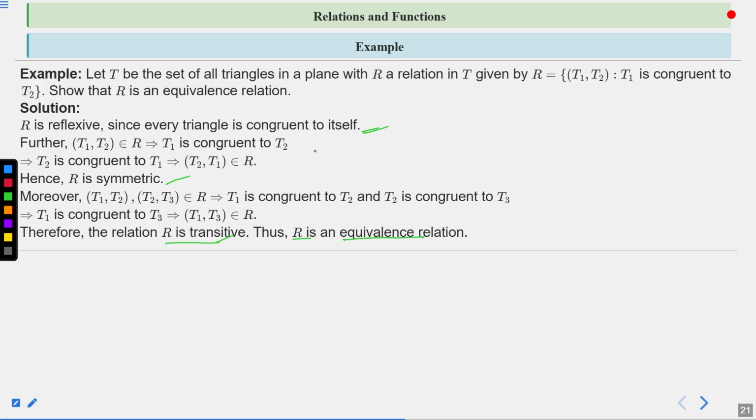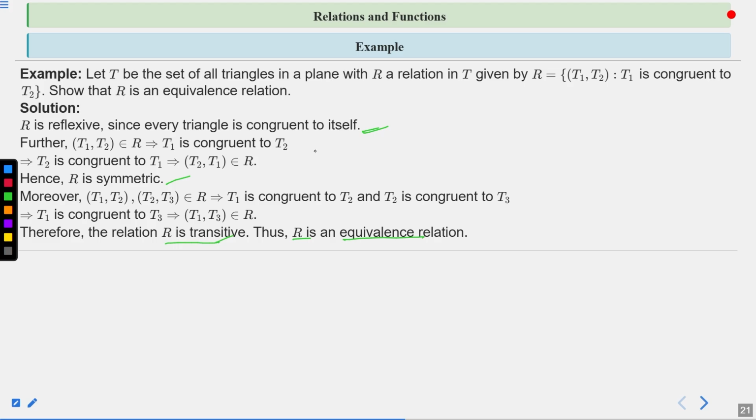If the pair A comma B belongs to R, then always show B comma A also belongs to R in order to show symmetric. For transitivity, start with A comma B and B comma C pairs belonging to R, and then show A comma C belongs to R.